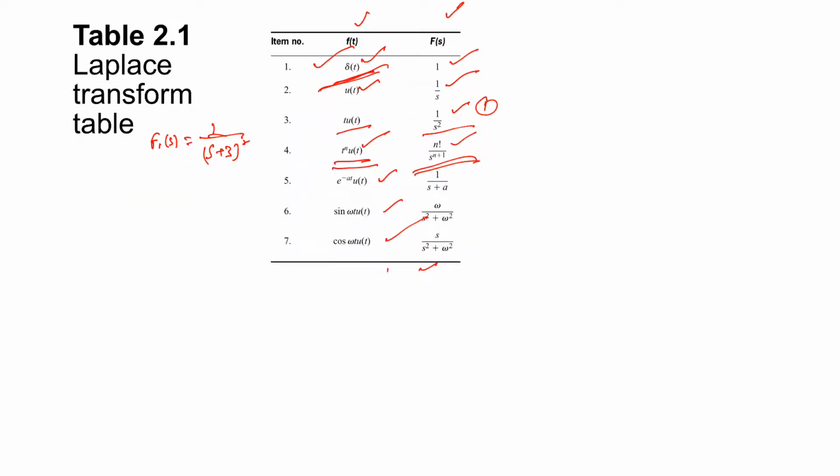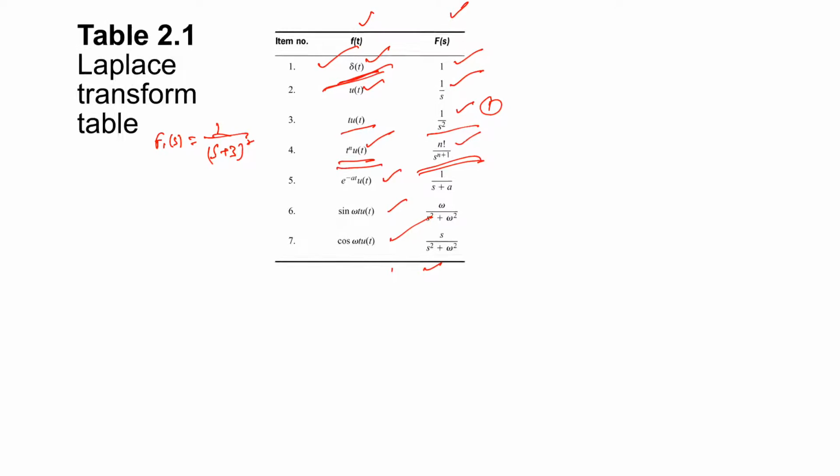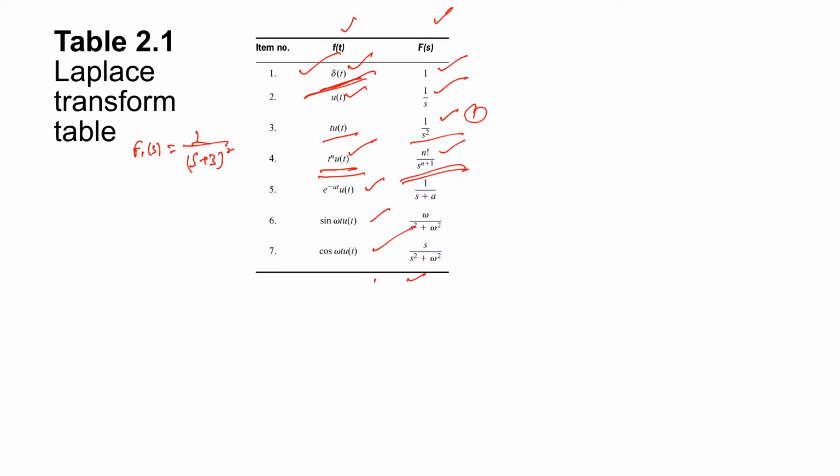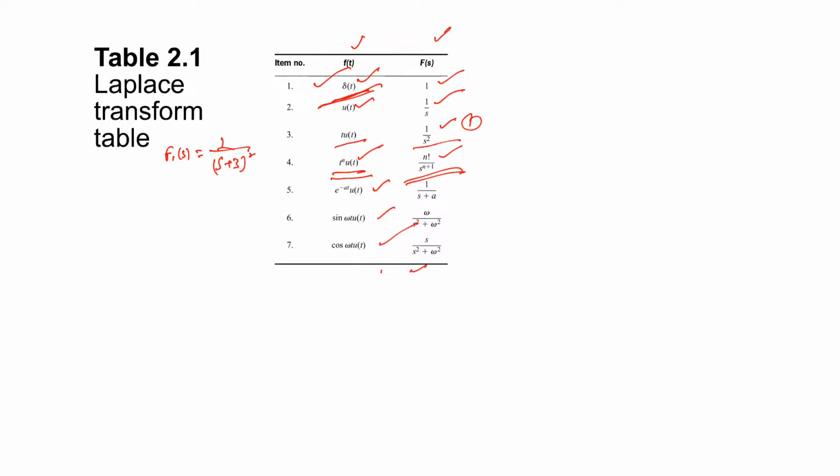Now you will see f(t) can be represented as, as we have already discussed, t u(t). So we have to use the frequency shift theorem and the Laplace transform of this t u(t).